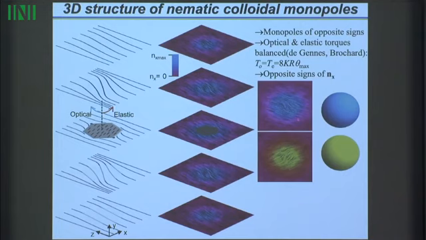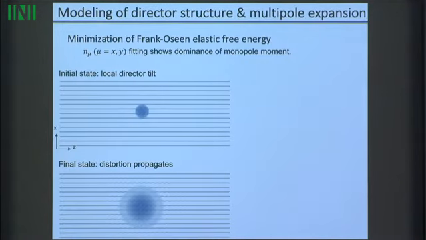And this was their prediction that in the small angle case, this elastic torque scales linearly with the maximum angle of rotation that you would have. And so this is elastic torque, and then it can be balanced with optical torque that again we can control by using polarized light of different intensities.